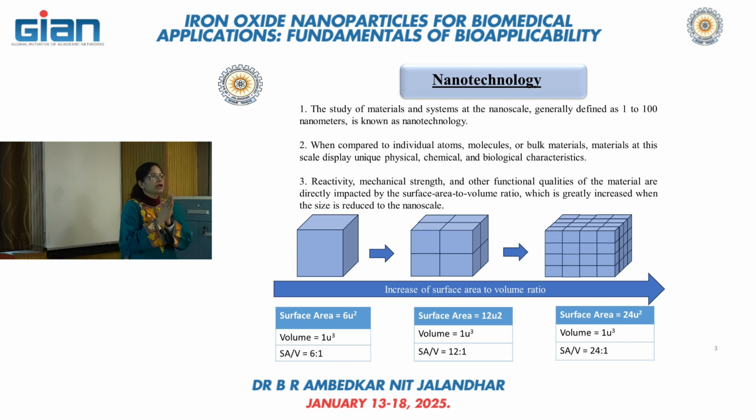In the nano range, 100 nanometers is a broad range, but some materials show the nanomaterial-like, specific properties at 50 nanometers, some at 80, but broadly materials show different properties than bulk materials below 100 nanometers. The reason is that the surface area to volume ratio changes when the size decreases.